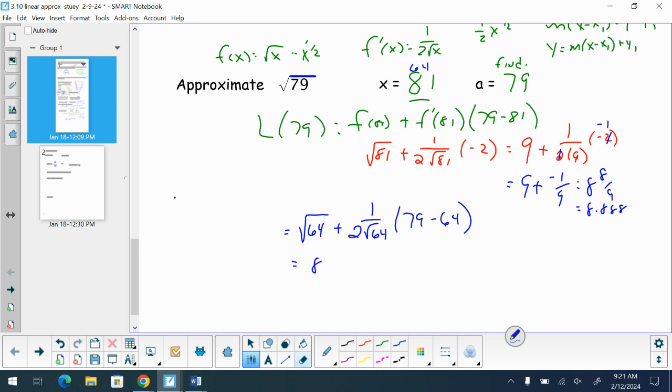So this would give me 8. This would give me 1 over 2 times 8. And this would give me a value of 15.